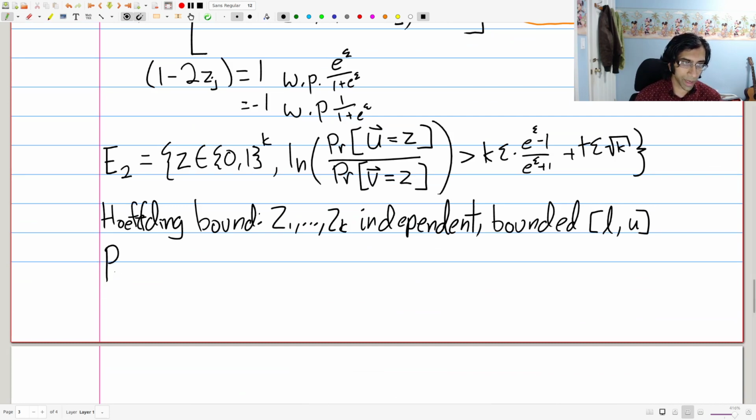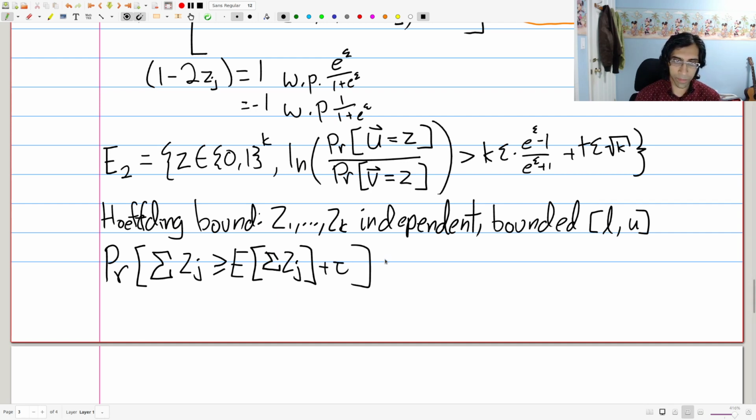So I claim that the Hoeffding bound is the following tail bound: the probability that the summation of the ZJs is greater than or equal to the expectation of its summation plus some additive tau is less than or equal to exp of minus 2 tau squared over k times the range squared.